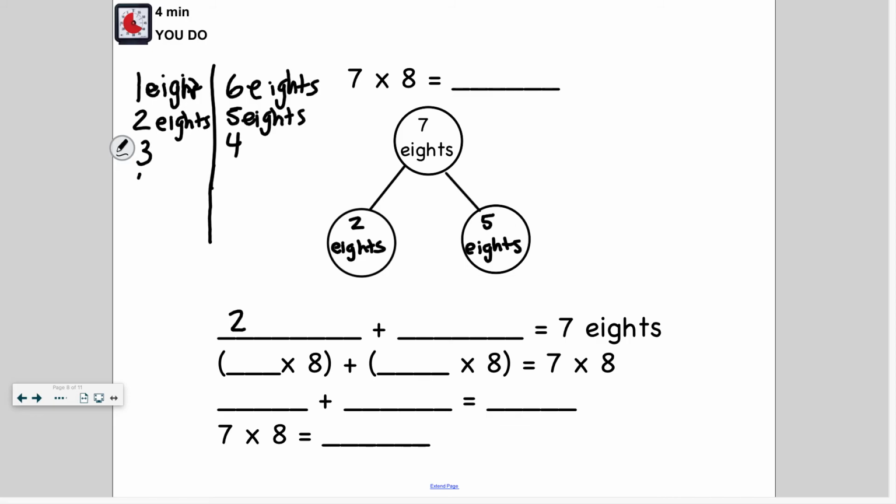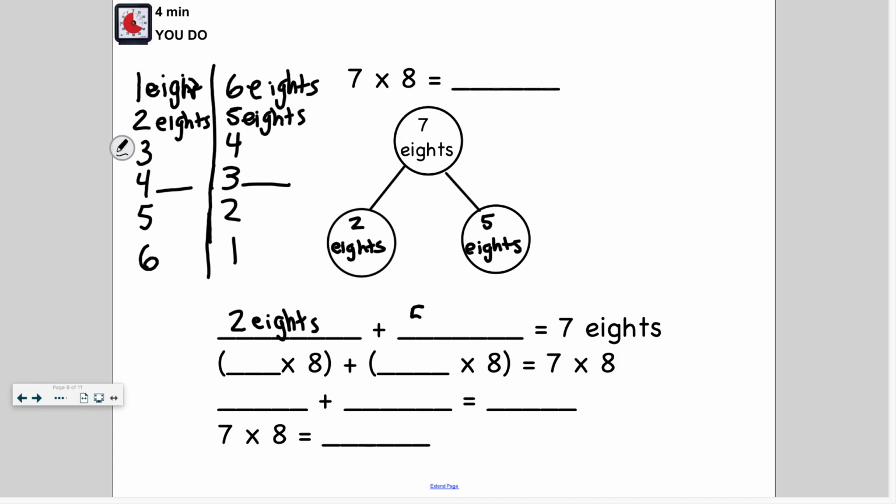You can do 4 and 3. You can do 5 and 2, or you can do 6 and 1. So 3/8, 4/8, 4/8, 3/8. Then we just have 8s for each one. So I specifically did 2/8 and 5/8. But again, it doesn't matter as long as they all add up to 7/8.